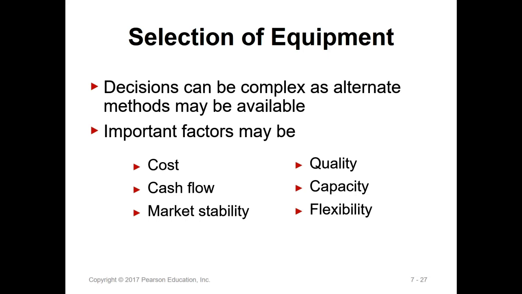And also, what is the customer's requirement about quality level? And how about capacity level and flexibility? These are all factors that will impact your decision on what equipment you will choose for a certain process. So process strategy is not a single decision-making point, and actually it's going to impact the manager's decision in many aspects.